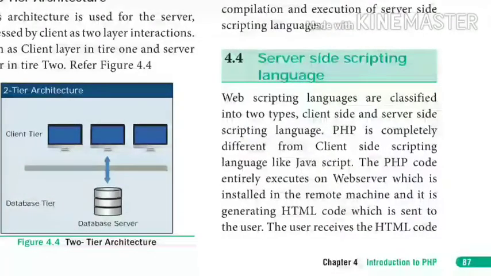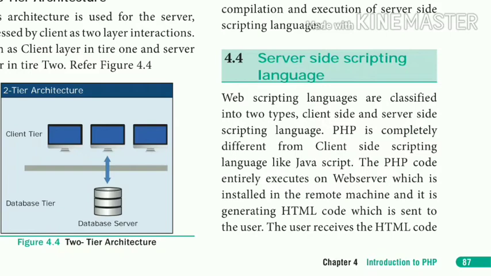PHP is completely different from client side scripting languages like JavaScript. The PHP code executes entirely on the web server, which is installed on a remote machine, and it generates HTML code which is sent in response to the user.